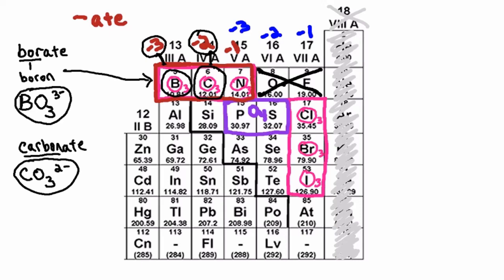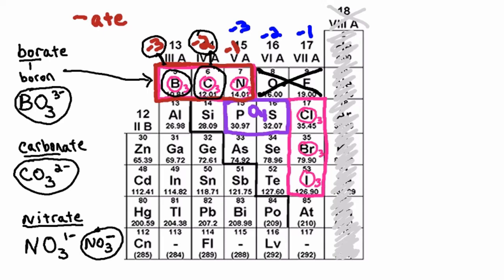Now the next one over, nitrate, is going to be the letter N, and it's also in that box that gets 3 oxygens, and nitrate is going to get a 1 negative charge. So that could actually be written like that. So that would be nitrate.